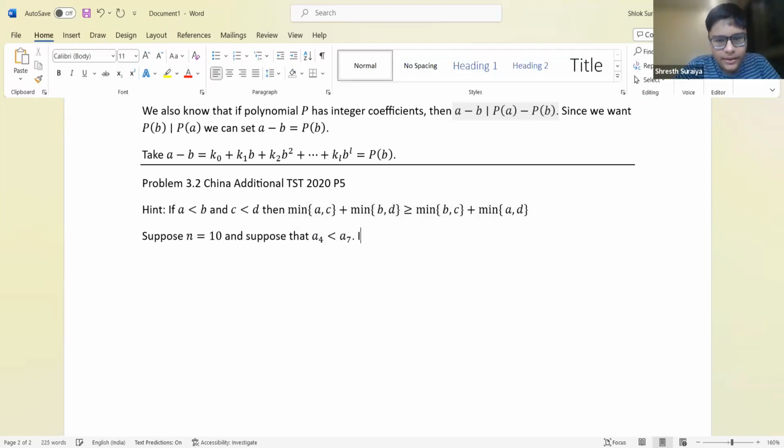Then I claim that if I switch A4 and A7, then I get a smaller sum.